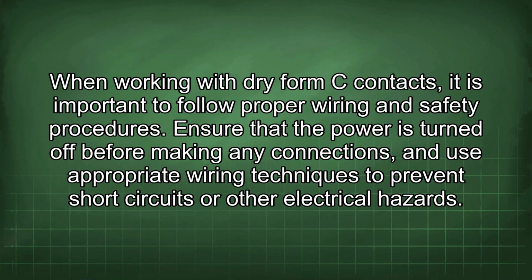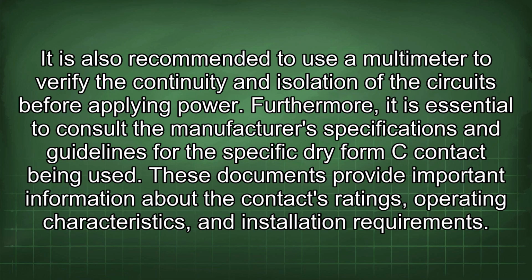When working with dry-form C contacts, it is important to follow proper wiring and safety procedures. Ensure that the power is turned off before making any connections, and use appropriate wiring techniques to prevent short circuits or other electrical hazards. It is also recommended to use a multimeter to verify the continuity and isolation of the circuits before applying power.